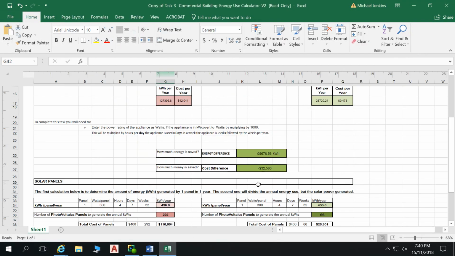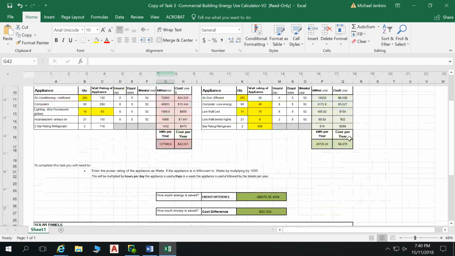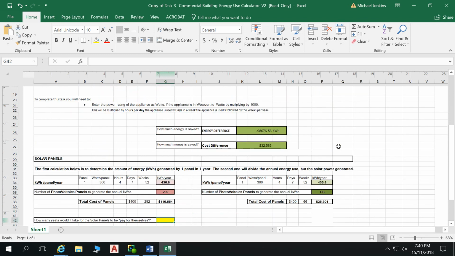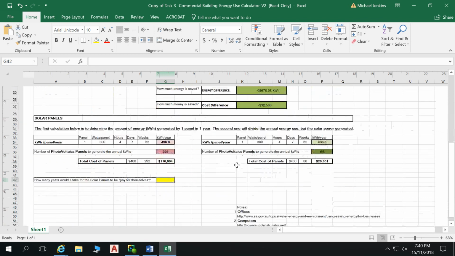For our energy analysis, for determining how many years it takes to pay the solar panels off, we've got the cost of the panels divided by our cost of electricity per year. So divide 26,301 by 9,478. That gives us how many years it would take to pay the panels off.